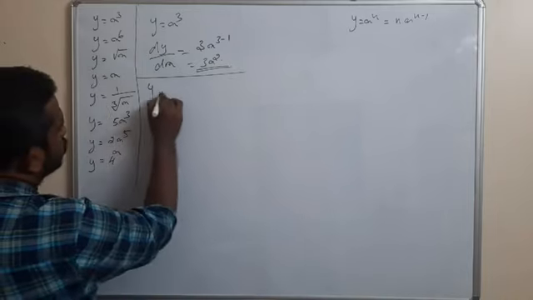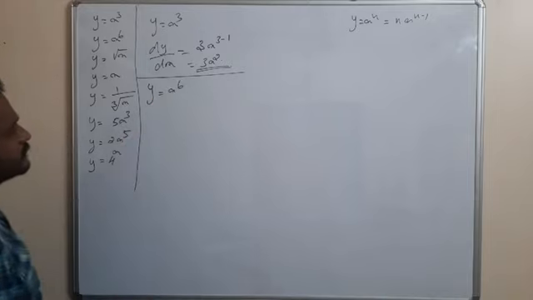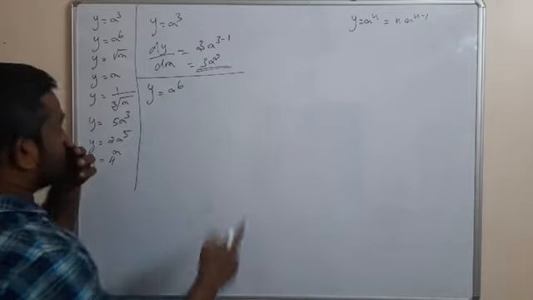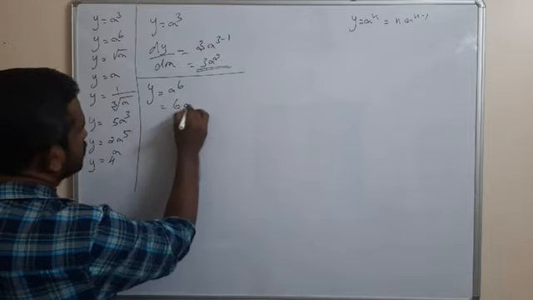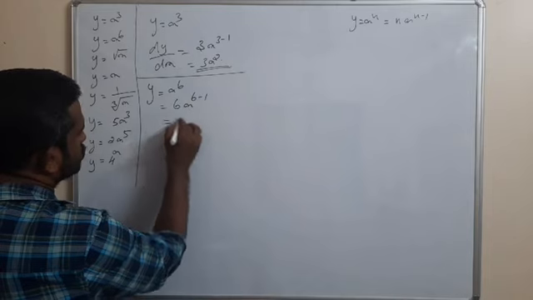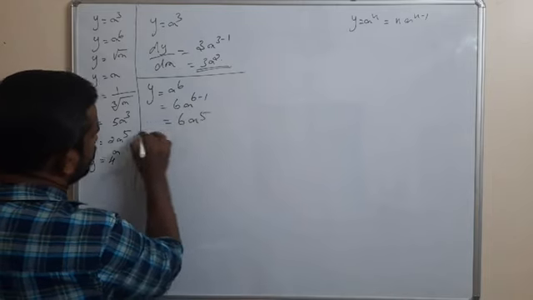Y is equal to x power 6, so 6x power 6 minus 1, so 6x power 5.